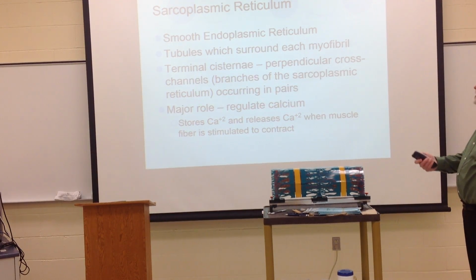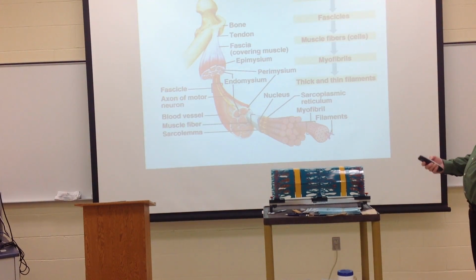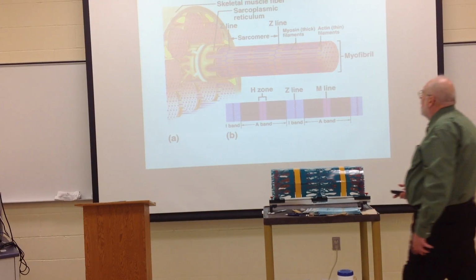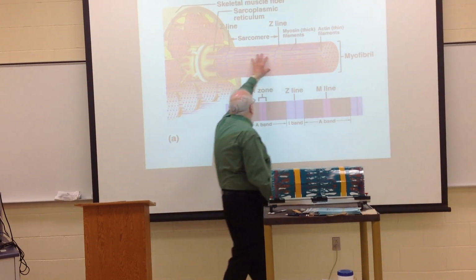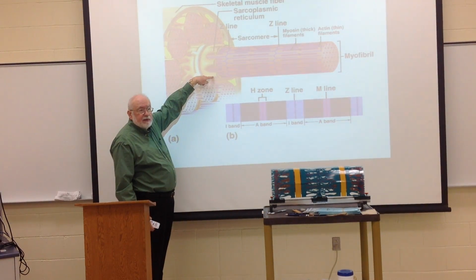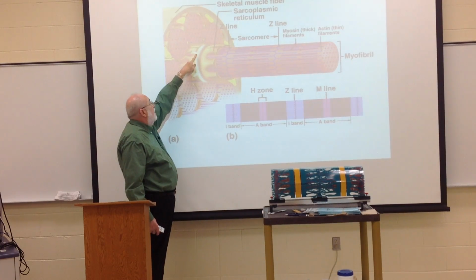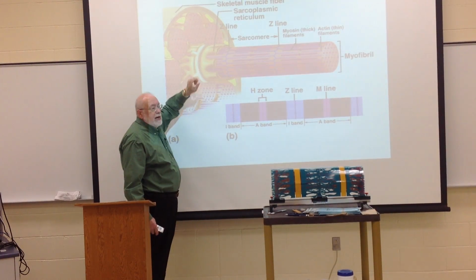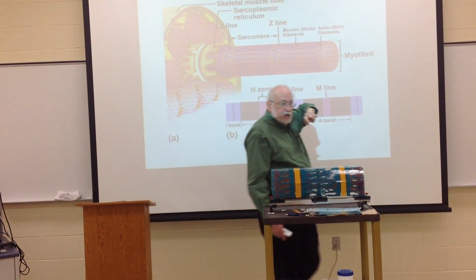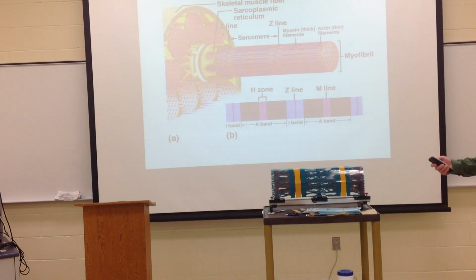And if we just for a second go back to this model, there's a myofibril. All right, here are parts of sarcoplasmic reticulum. There's the terminal cisternae here and here. And that whitish thing between the two, that's a T-tubule, which is an extension of the membrane of the sarcolemma.